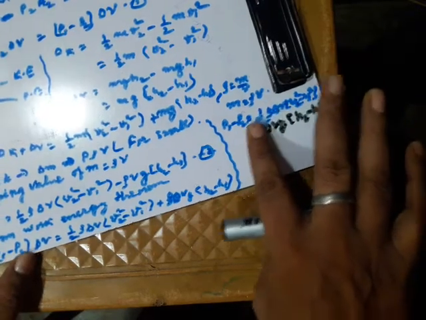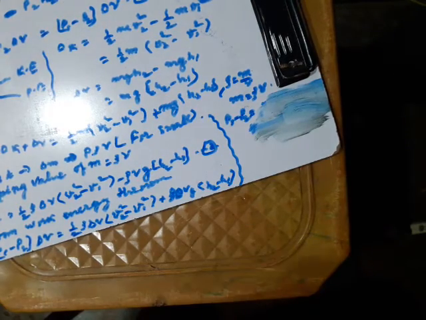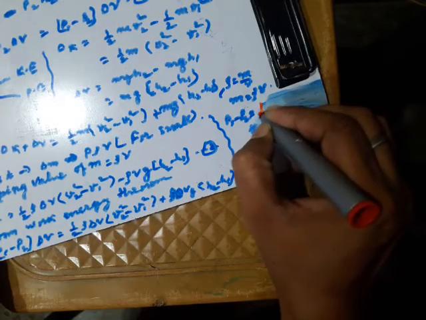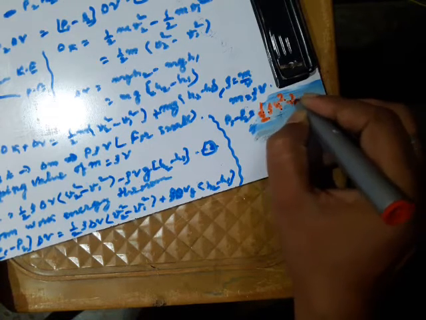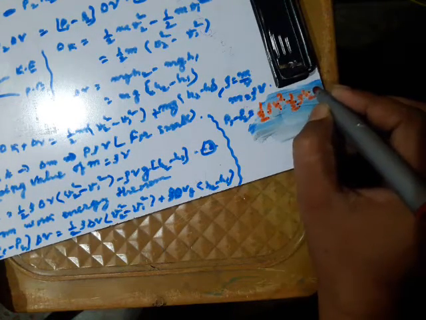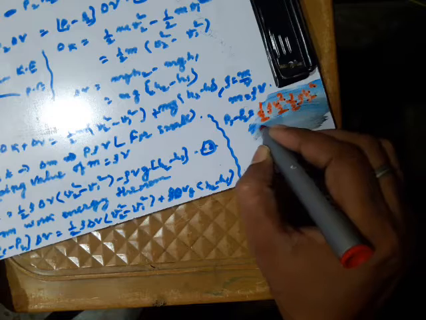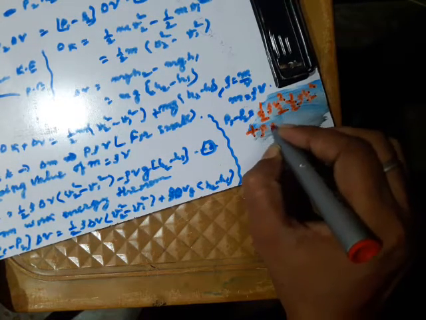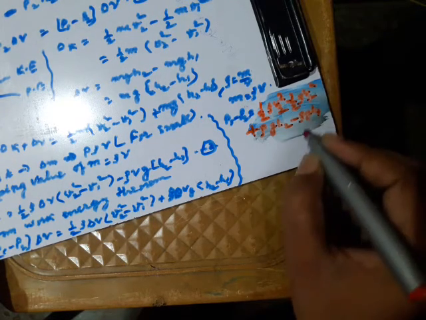Now next thing you have to write here: half rho v1 square minus half rho v2 square, plus rho g h2 minus rho g h1.